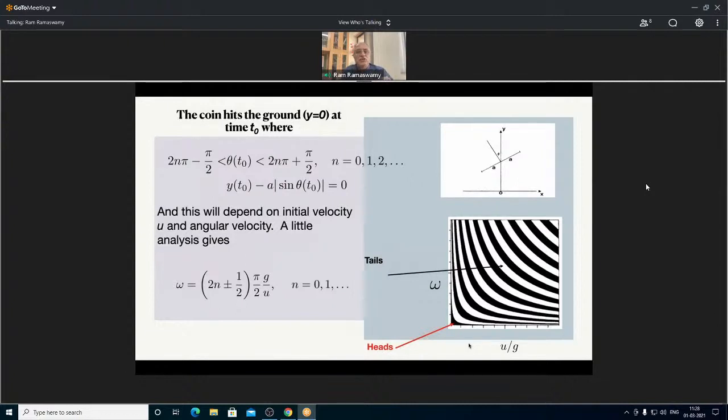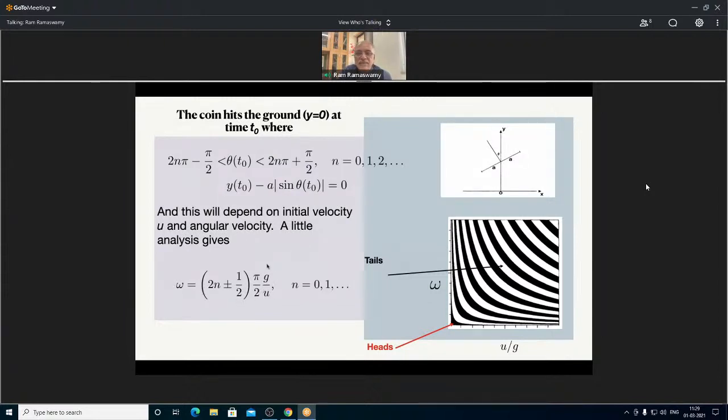And what he shows is that if you plot this angle as a function of the initial velocity and the initial angular velocity, the initial velocity is u, and you scale it with g for convenience. And on the y-axis, you've got the initial angular velocity. All right. Then, if the angle theta comes in the black region, you'll find that it comes up heads.